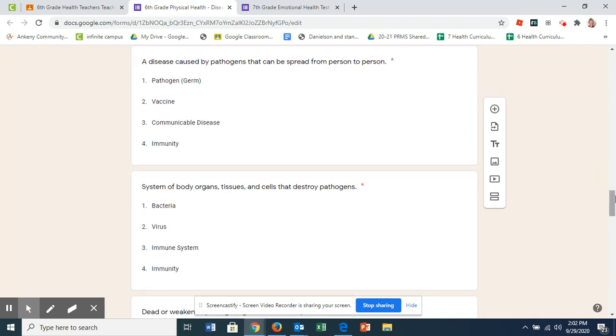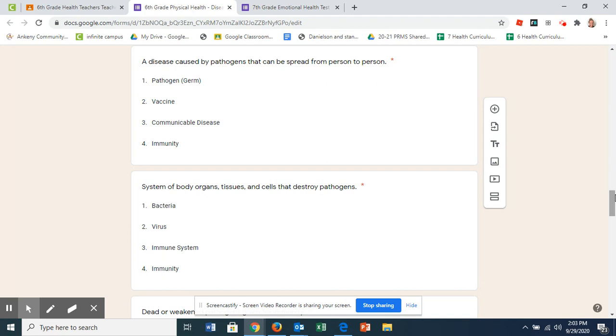Next definition: a disease caused by pathogens that can be spread from person to person. Number 1, pathogen or germ. 2, vaccine. 3, communicable disease. 4, immunity.